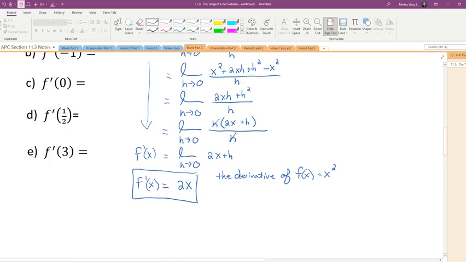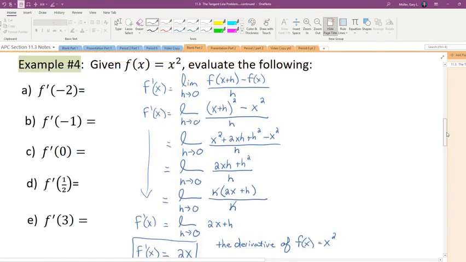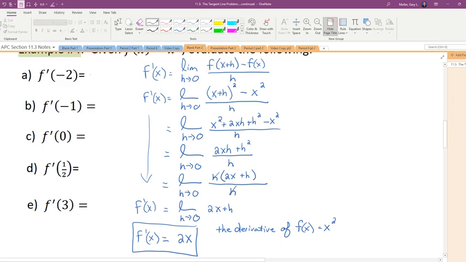So now, if I want to find the derivative at -2, then I know that the answer is simply going to be 2 times -2, because the derivative of x squared is 2x. So I'm replacing x with where I'm taking the derivative, and I get -4.